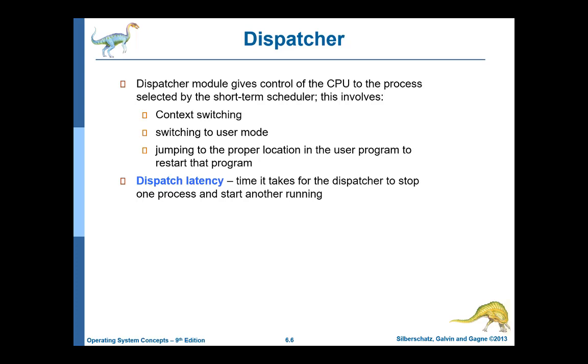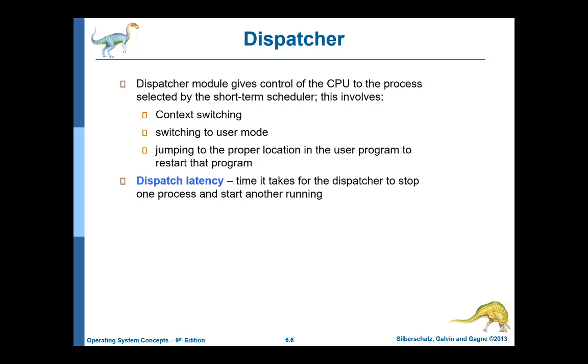You save the information about the program counter, the information about its various registers, the memory limits, etc. All those information you save into the process control block.